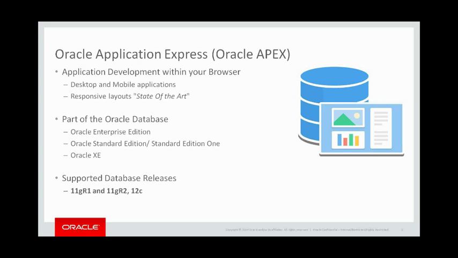These applications are web applications displayed in the browser. The development environment and the runtime environment are both the same, both Apex. So you use your browser to create and modify your applications, and the applications run in the browser as well. So Apex is part of the Oracle database.